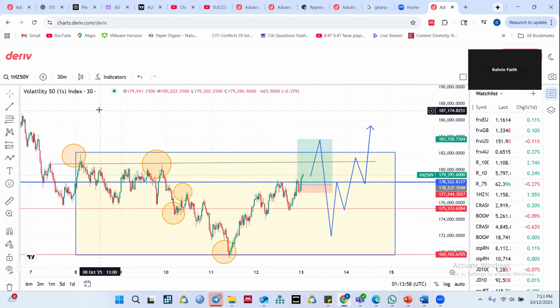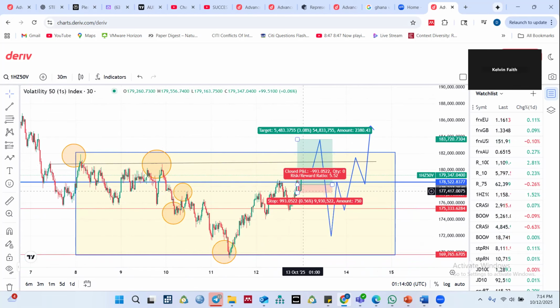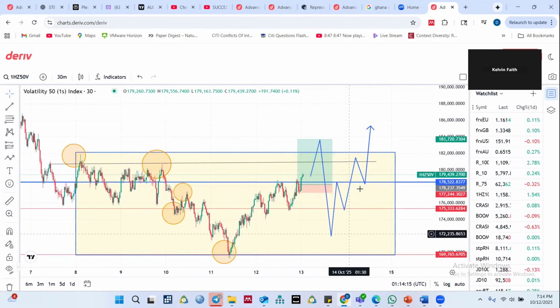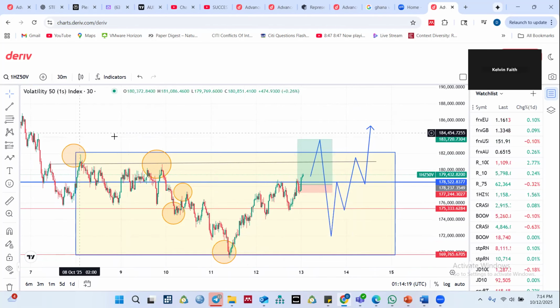Because after we take these sellers out, that will be an indication that price wants to go bullish. And therefore, we would have to look for a pullback or corrective move, either into early premium or into deep discount. And then we can go in for a bigger buy. So this will be my first entry for a buy.